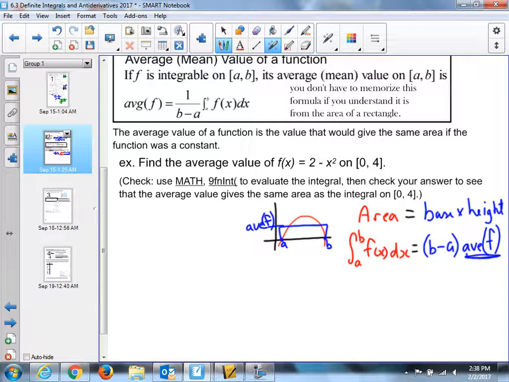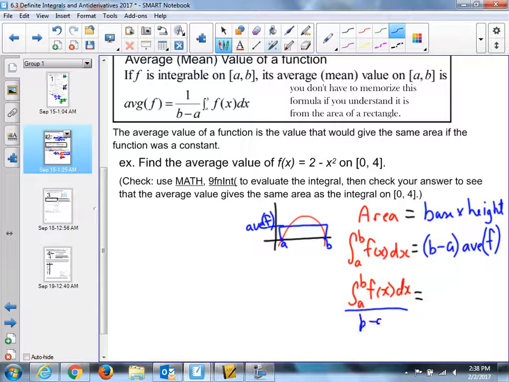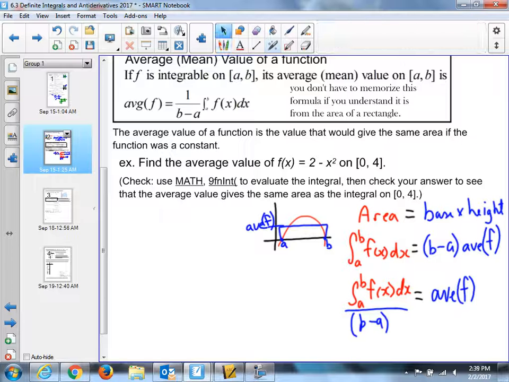This just turns out to be now, I've written it right to left. But would you agree what I have in this corner here is the same as that? Dividing by b minus a is the same as multiplying by 1 over b minus a?